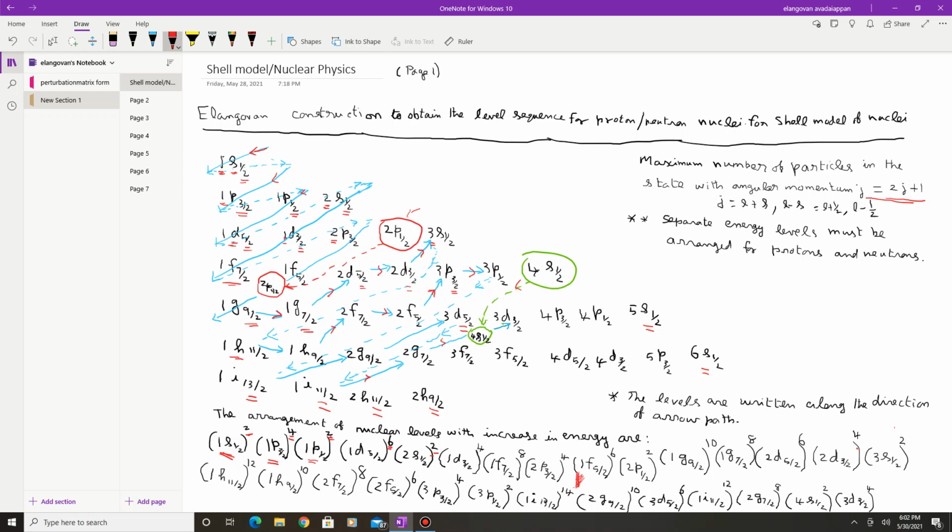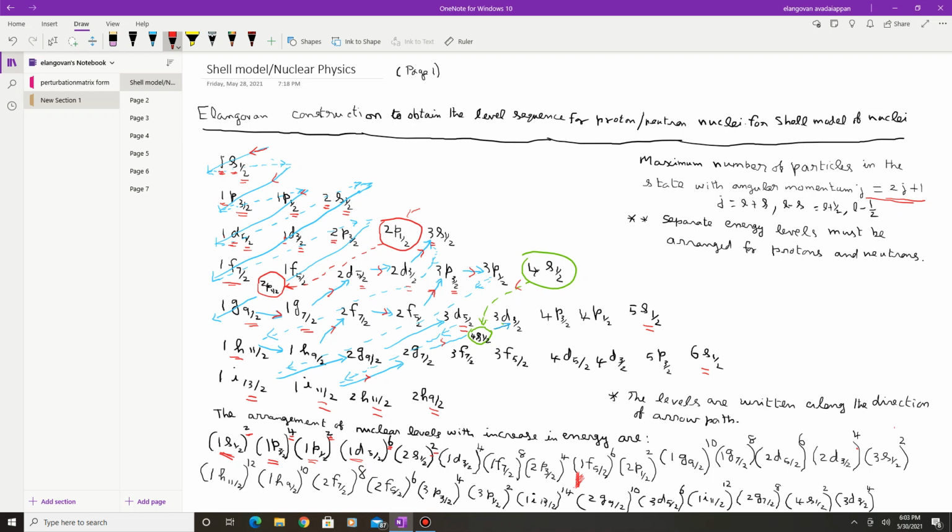1d 5 by 2, and the number of particles here is 6. The number of particles means there are two levels, one corresponding to the proton, one corresponding to the neutron. For protons, the 6 means the number of protons. If you consider neutron levels, the number of neutrons is 6. So for each proton as well as each neutron, you have to write down the levels.